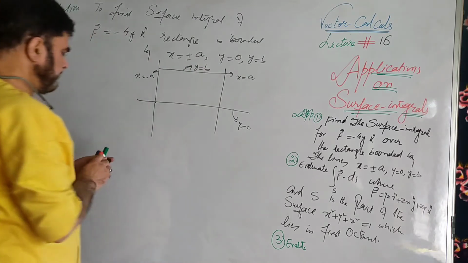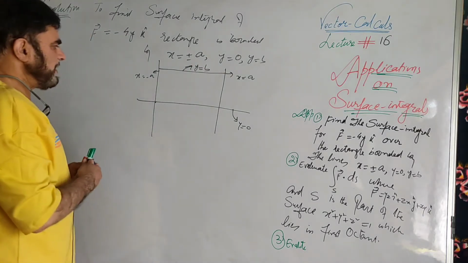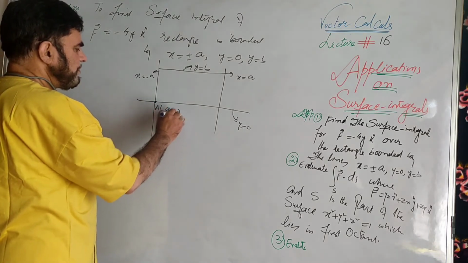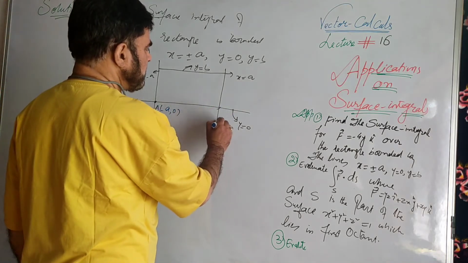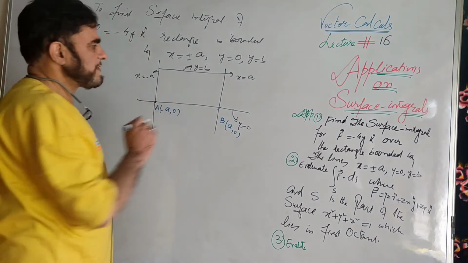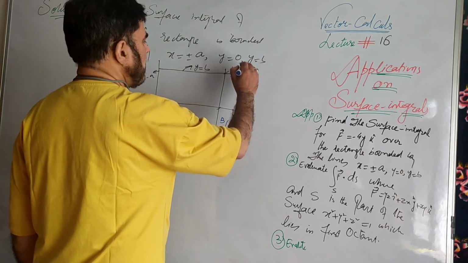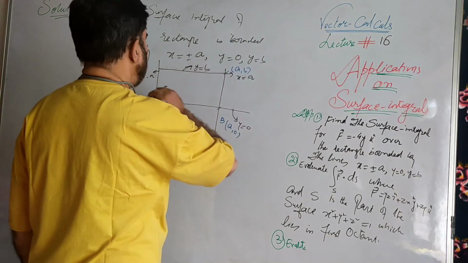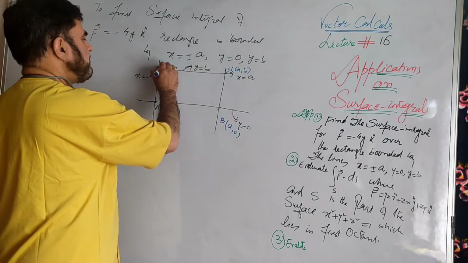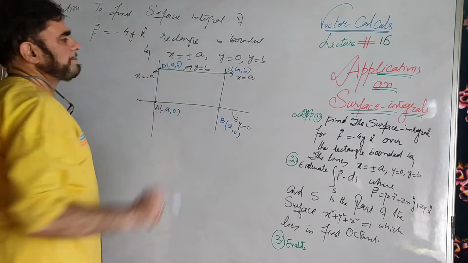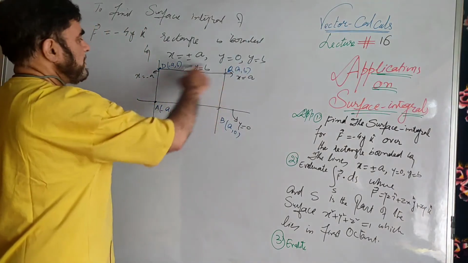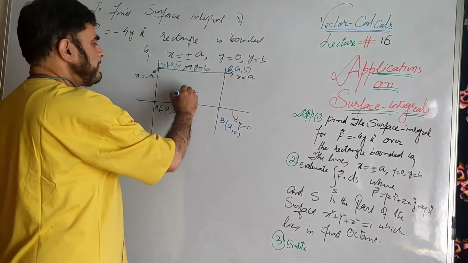The coordinates are minus a, 0 and a, 0 on the x-axis, then a, b, and minus a, b. Name them A, B, C, D. This is your region R.